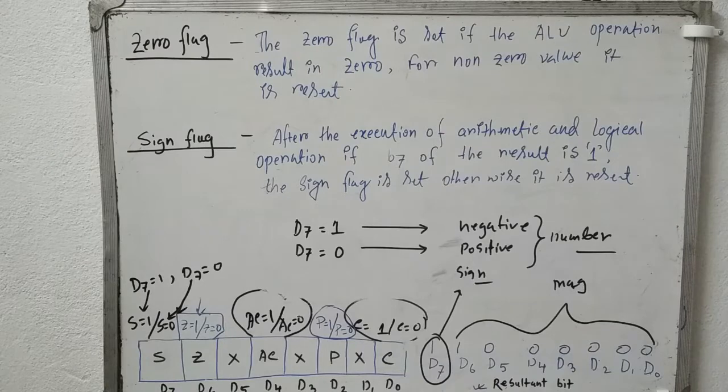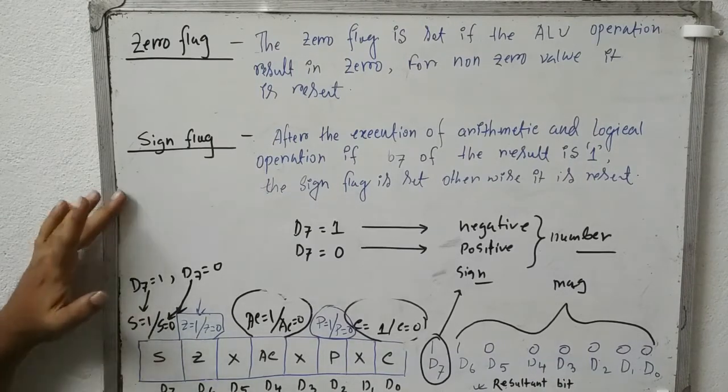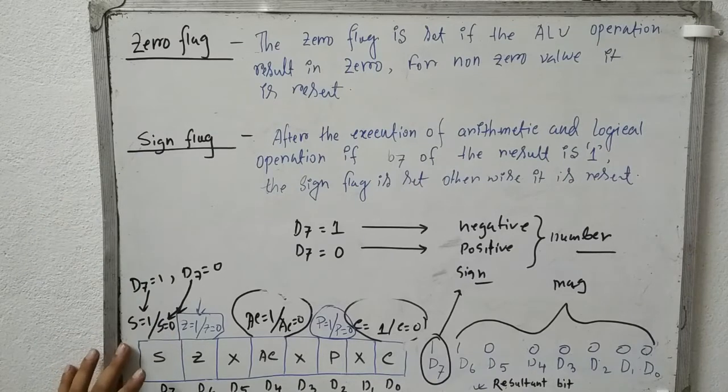So by setting or resetting this sign flag, we store a message for the microprocessor about whether the operation result was a positive or a negative number. That is the main purpose of setting or resetting the sign flag.